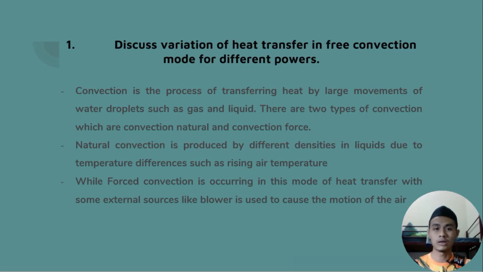There are 2 types of convection, which are natural convection and forced convection. Natural convection is produced by different density in the fluid due to the temperature difference, such as rising air temperature, while forced convection is the mode of heat transfer where some external source like a blower is used to cause the motion of the air.